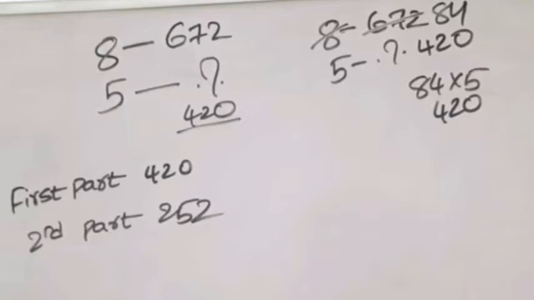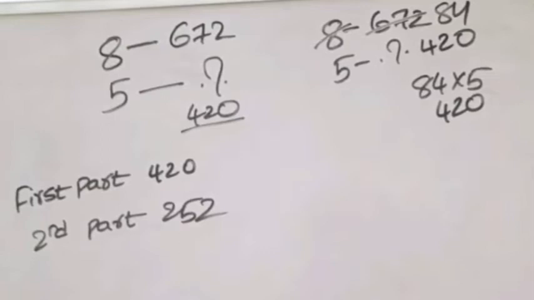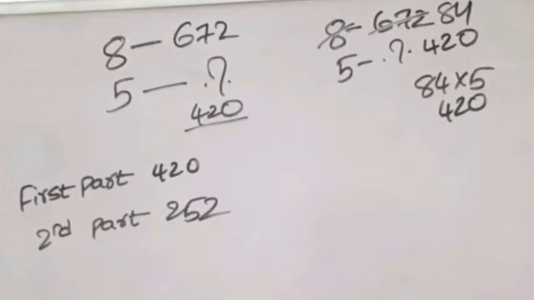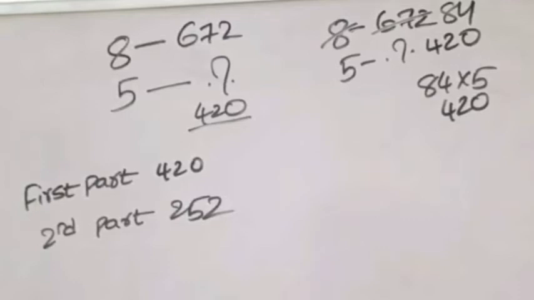So 5 parts is 420. The first part is 420, and 672 minus 420, the remaining part, we get easily as 252. So the first part is 420 and the second part is 252. Let's move to the next question.